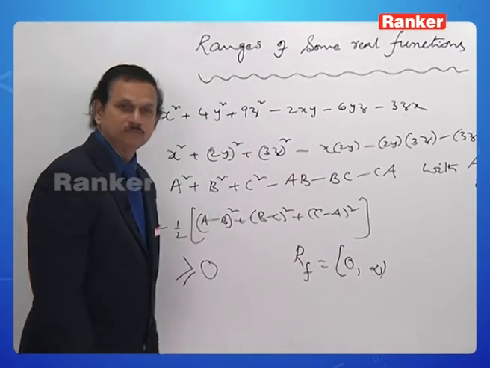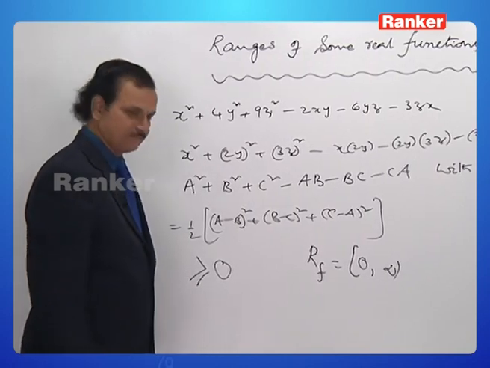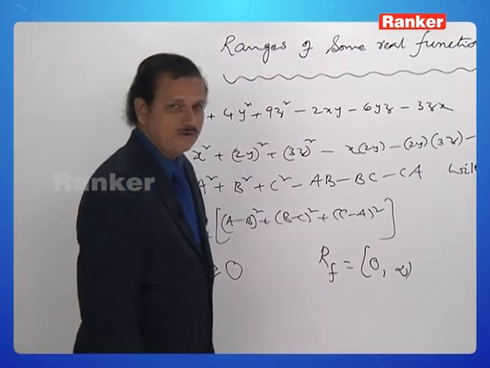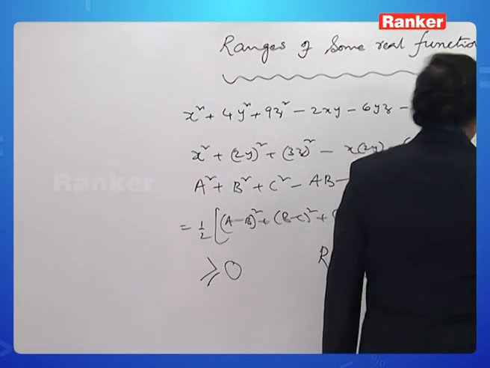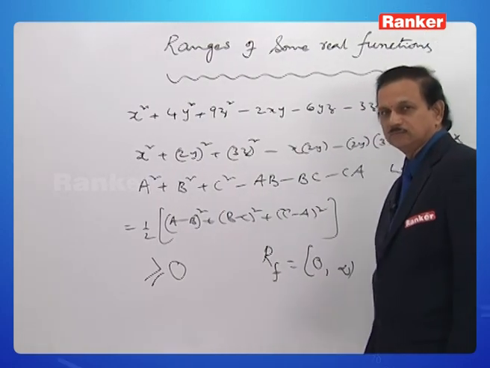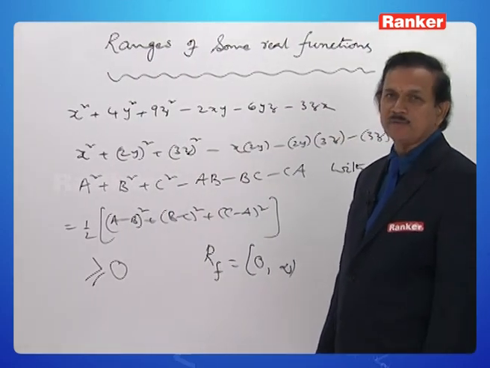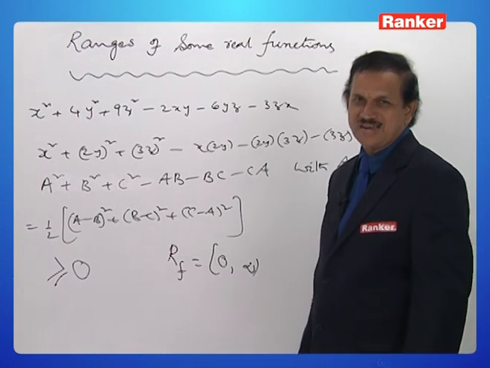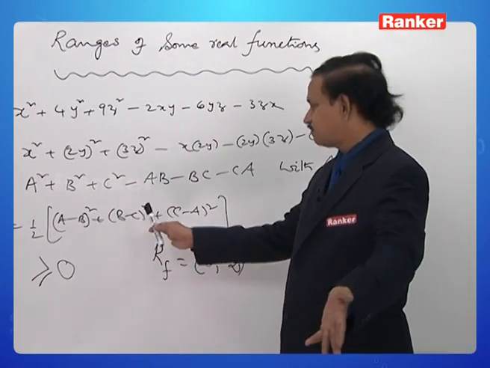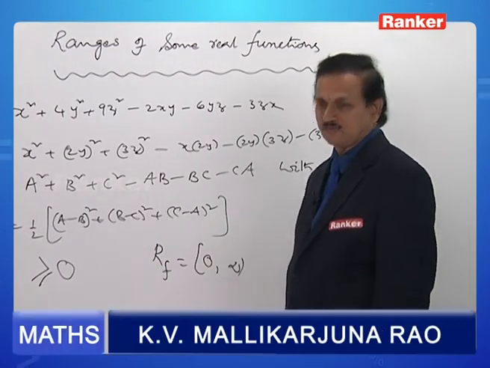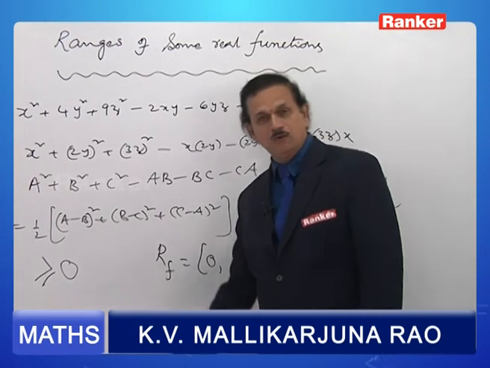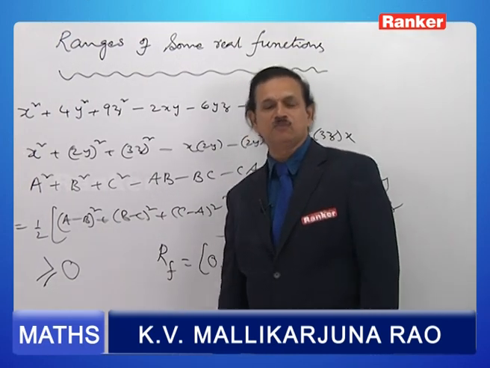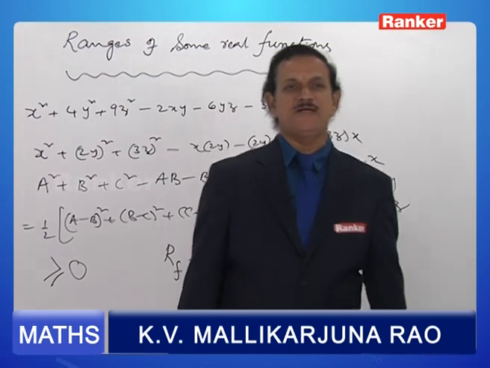It may be 0. We don't bother about it. When can it become 0? As and when a is equal to b is equal to c. It may happen or may not happen. We are not interested in that. The nature of the output, that's all. So it is either 0 or greater than 0. That is why it is always non-negative.